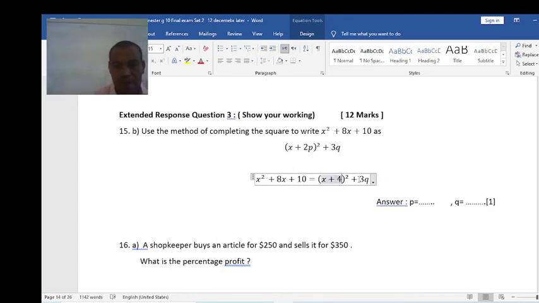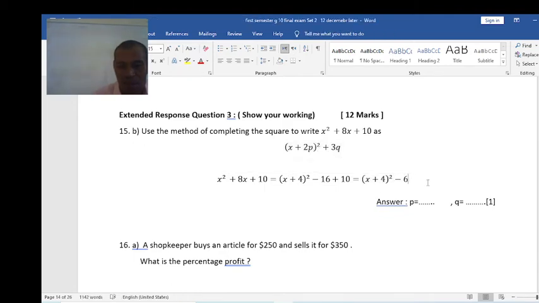Then minus 4 squared will be minus 16, plus 10. So this one equals, what, my learners? Equals x plus 4 squared minus 6. Clear? This last one should be equal to x plus 2p squared plus 3q.